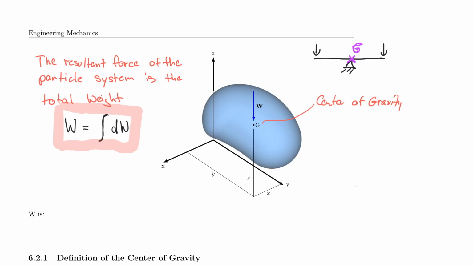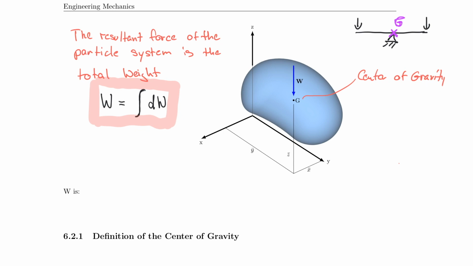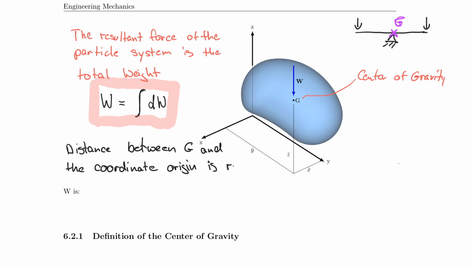I need to memorize that the distance between G and the coordinate origin is represented by x bar, y bar, and z bar.